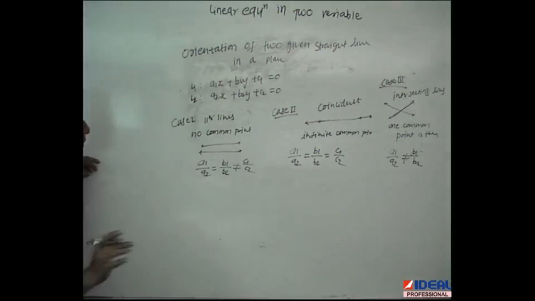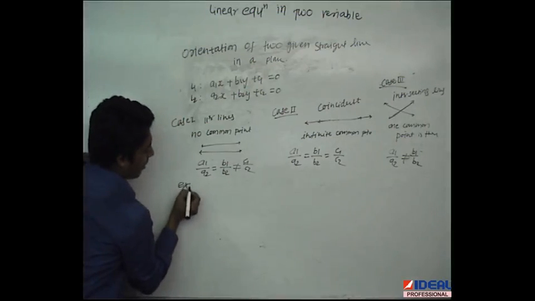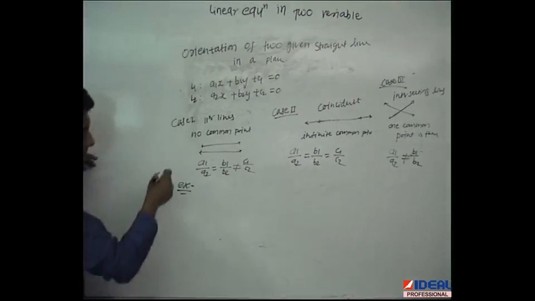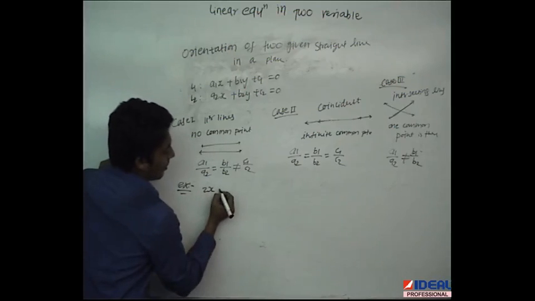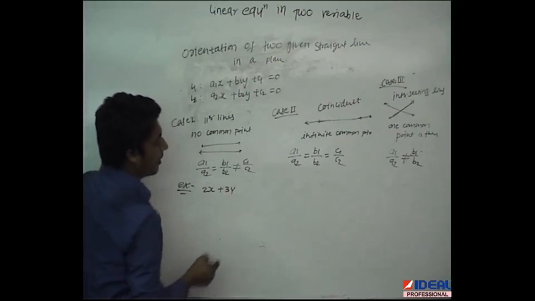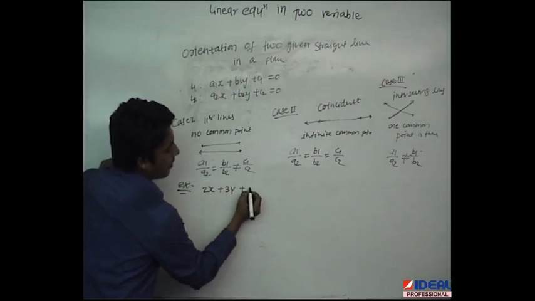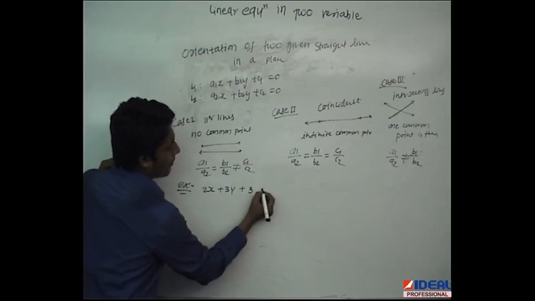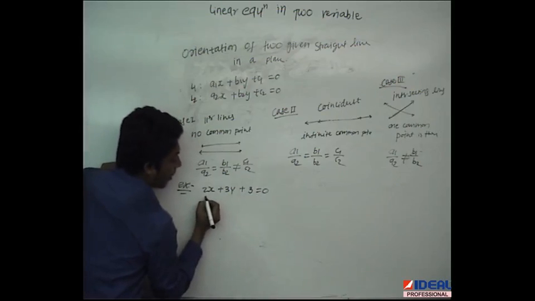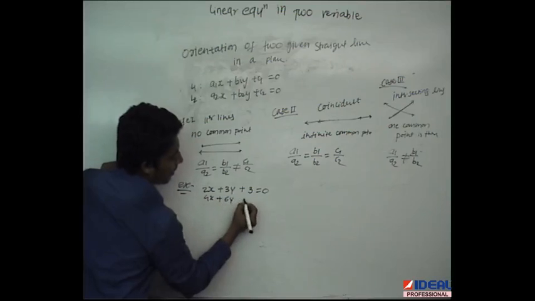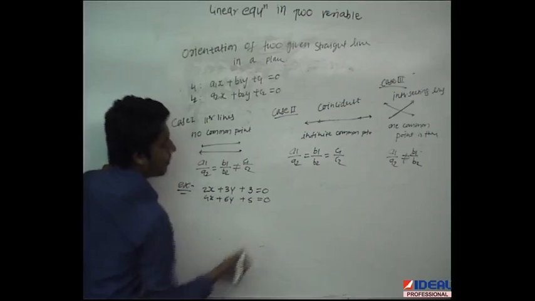We can give examples. For example, suppose 2x + 3y + 3 = 0 and 4x + 6y + 5 = 0.